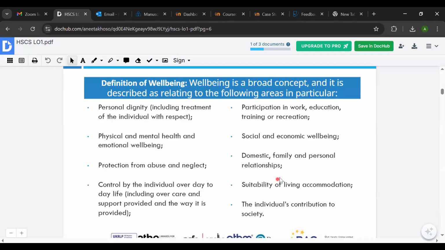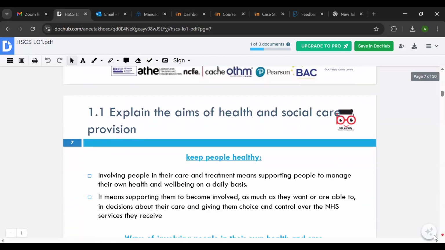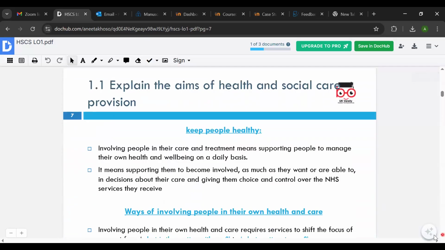Social and economic well-being, domestic, family, and personal relationships, suitability of living accommodation, and individuals' contribution to society. We are not directly involved, however, we should be indirectly involved in all of these. And it's not just your duty or my duty, it's everyone working in the health and social care sector. It's everyone's duty.